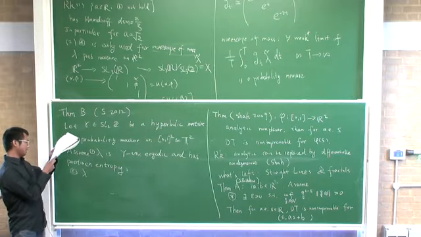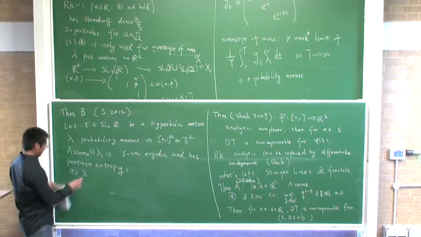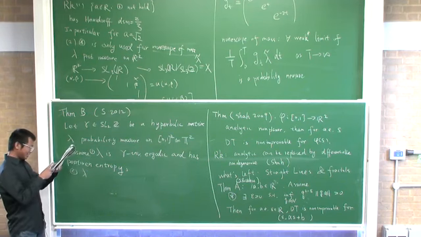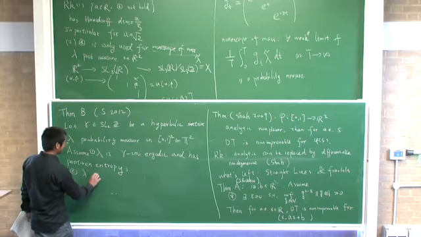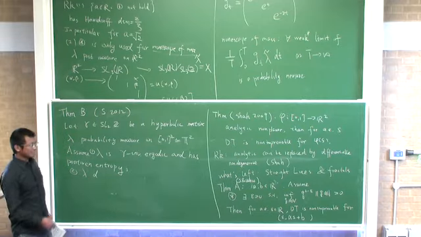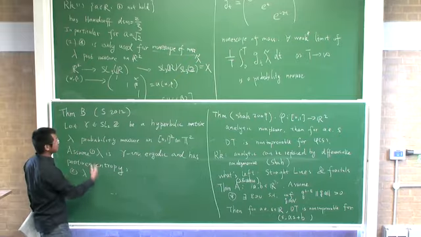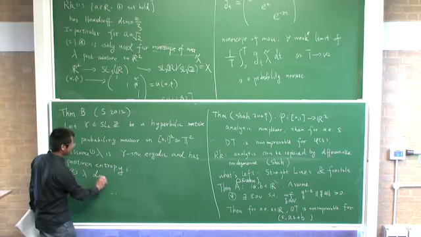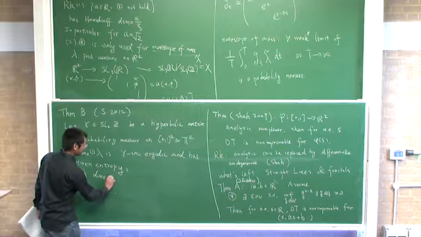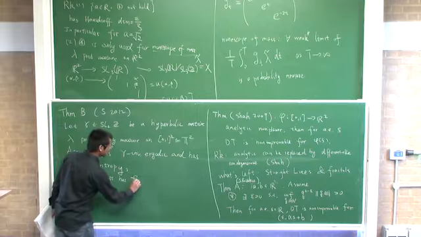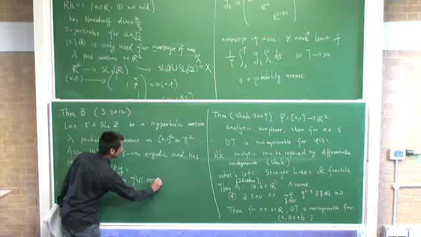I need to figure out the statement. Oh, lambda does not have full escape of mass. It's different from the previous one. The previous one is stronger, but this is weaker.